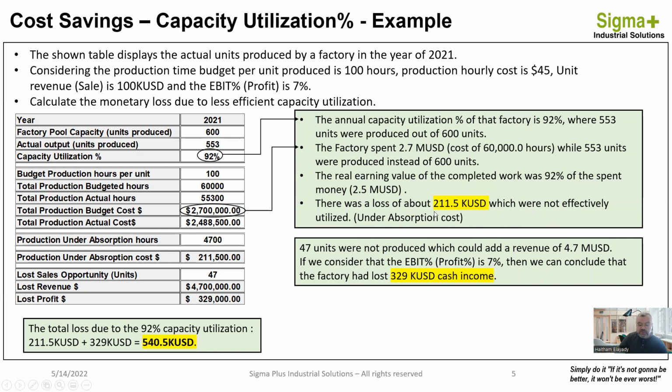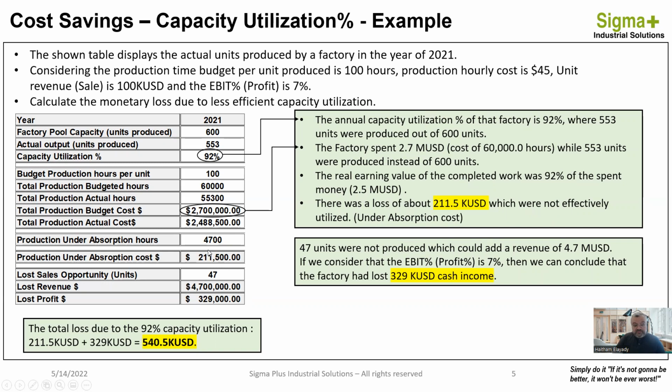This is the cost of the slippage hours that we didn't effectively utilize, and it's also called the under absorption cost. So this is the first portion in calculating the loss due to the less efficient capacity utilization.